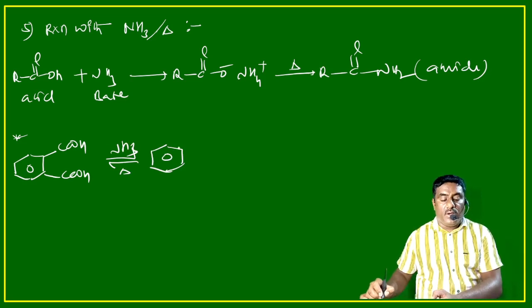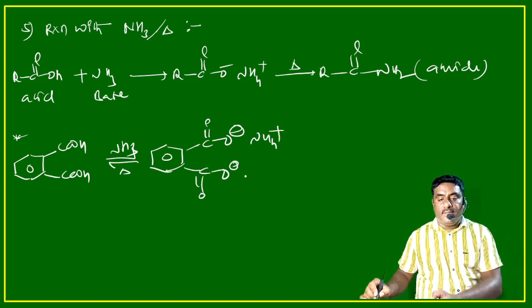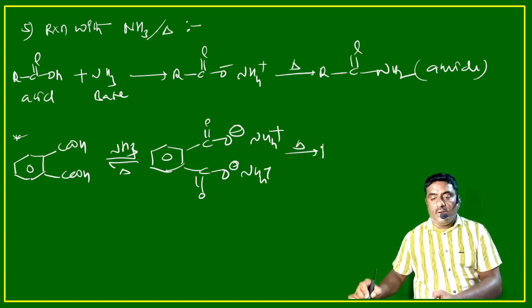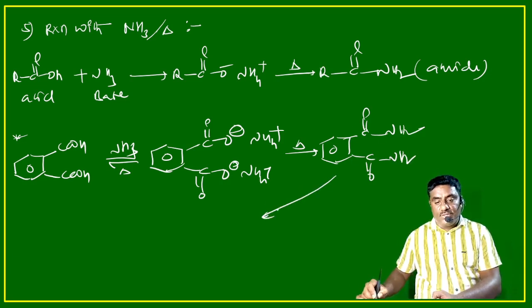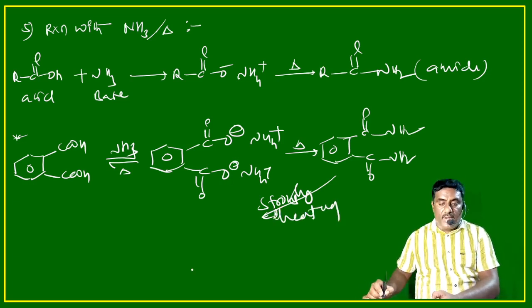It forms ammonium phthalate, COO minus NH4 plus on both sides. When heated, it forms benzene with CONH2. When strongly heated, it forms phthalimide.